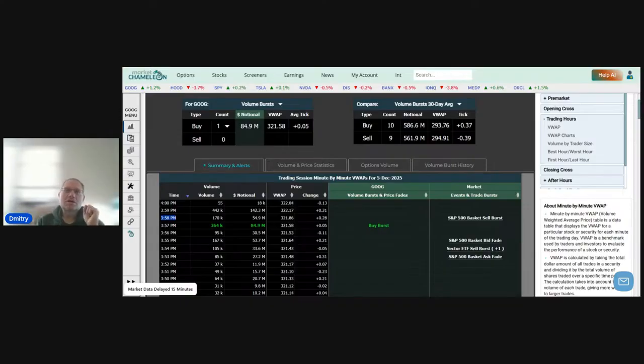Typically you see this amount of volume for this time of day for a minute, but sometimes we will see a big volume burst where that's a lot more trading than usual.